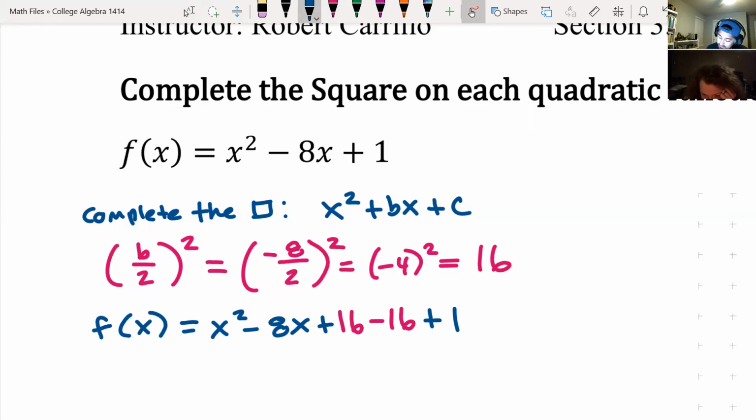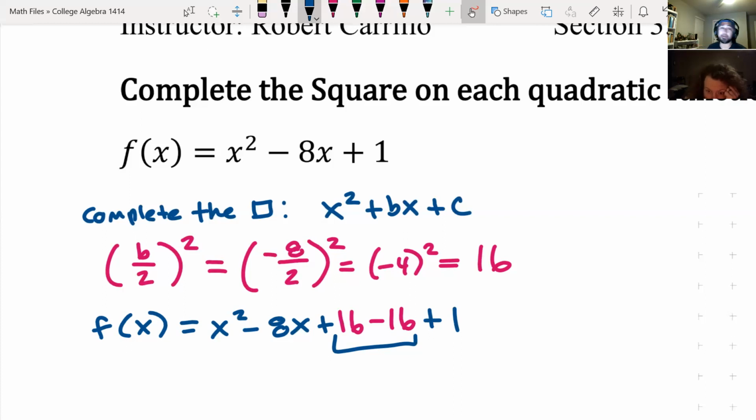So what we're really dealing with is, what is 16 minus 16? 0. 0, right? So we're dealing with like a manipulation by 0, which is crazy, right?